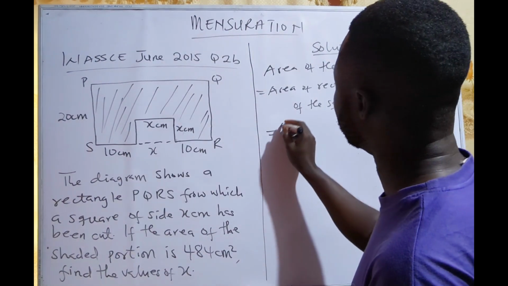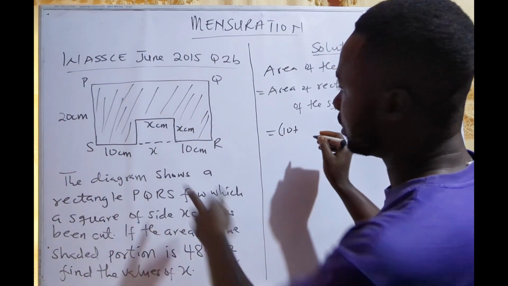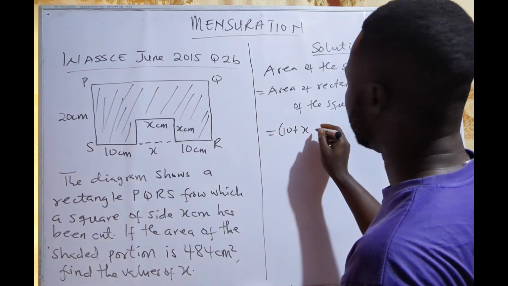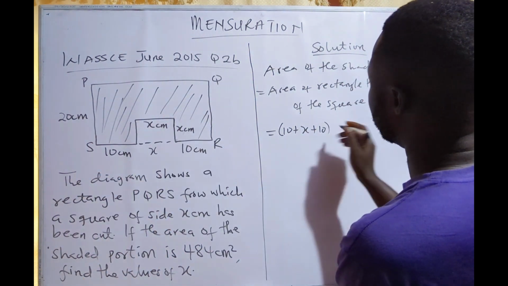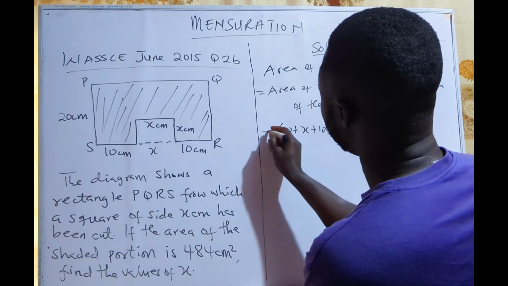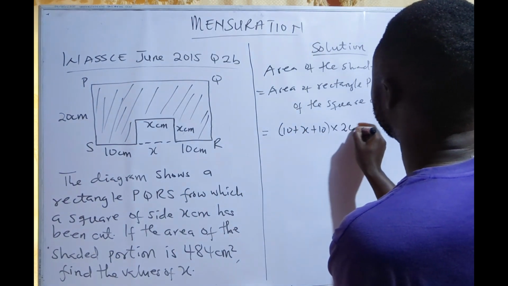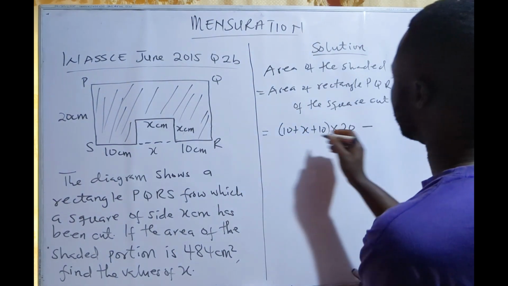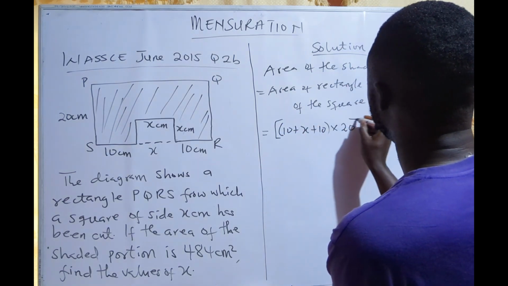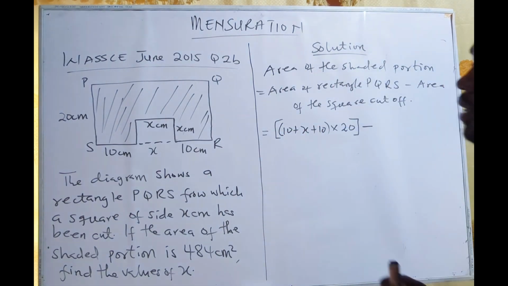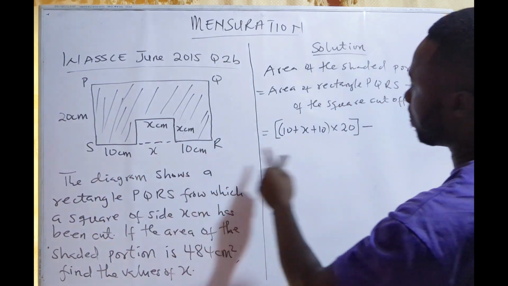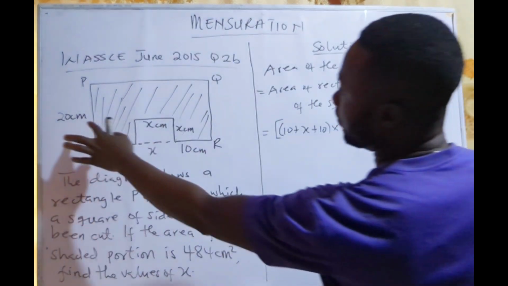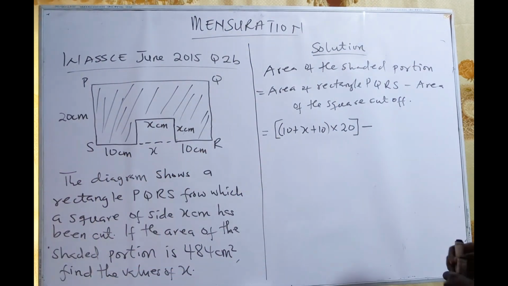So the area of the rectangle is length times the width. The length will be 10 plus x plus 10, multiplied by the width, which is 20, minus the area of the square.